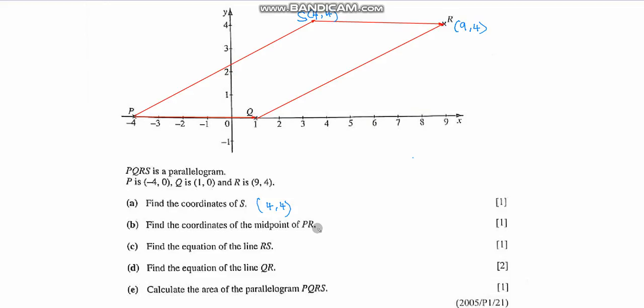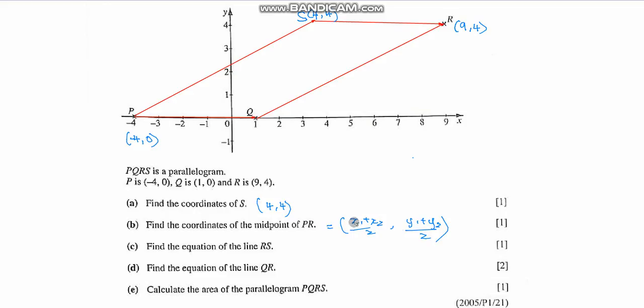Now, let's find the midpoint of PR. The coordinate of the midpoint is equal to, P is minus 4, 0. So the midpoint using the formula: x1 plus x2 over 2 and y1 plus y2 over 2. Okay, there is the coordinate. Now let's remove this bracket.